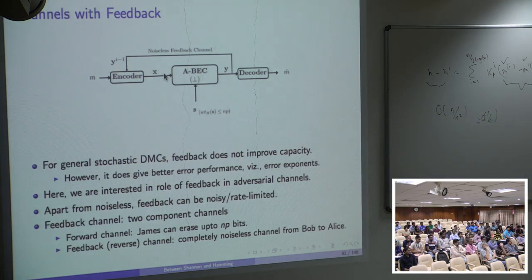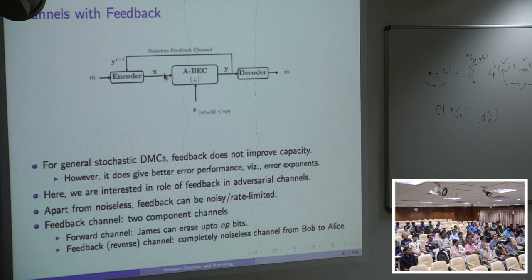If you think about it even a little bit, it should be clear that you can get a capacity of 1 minus p exactly, not even any asymptotics, because in this specific case the strategy is clear, right? Whenever James erases a bit in the forward channel, Alice sees that it's been erased, and she just retransmits, right? So this scheme would get you to 1 minus p. So this is maybe not quite so interesting.